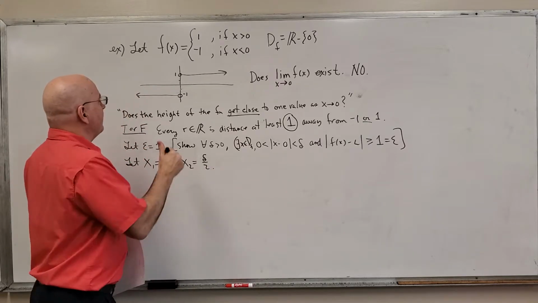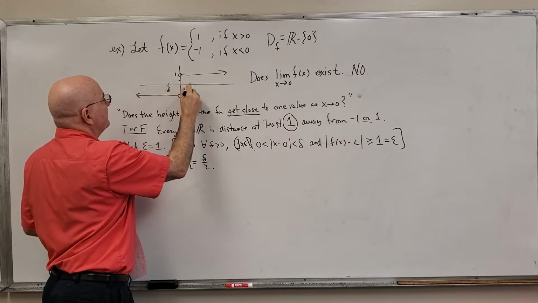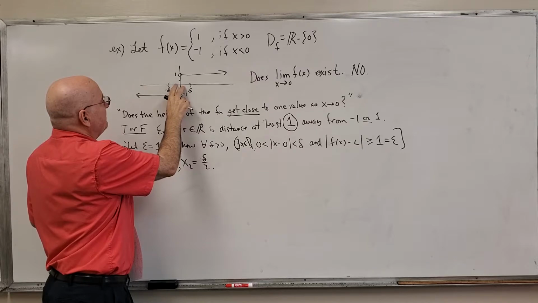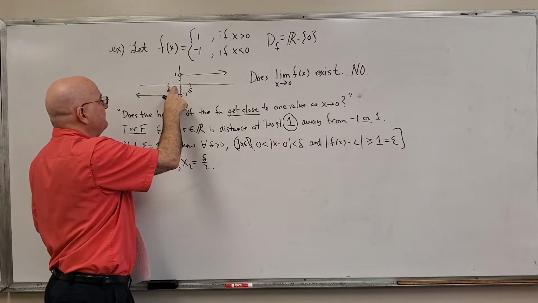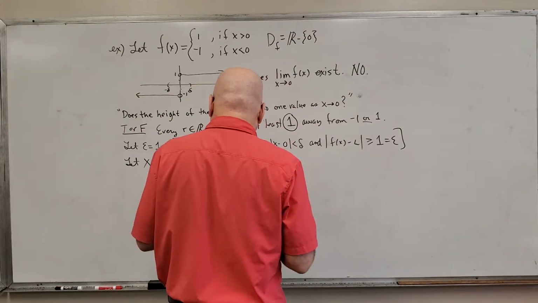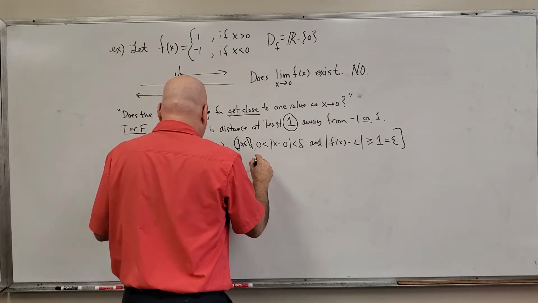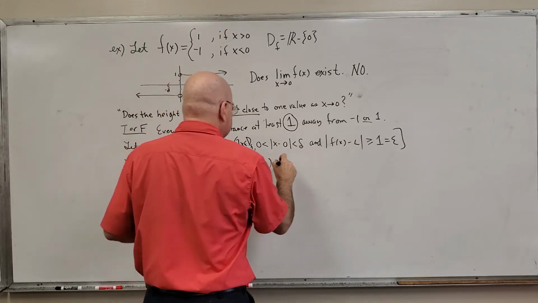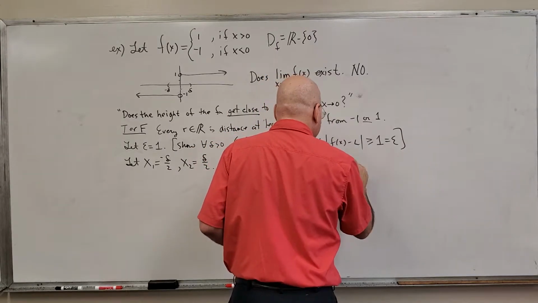And you can probably see why I'm doing this. That's negative delta, that's positive delta. If I pick a positive number x, f of x is 1. If I pick a negative number, f of x is negative 1. So we've got x1, we've got x2. f of x1 is negative, so that's going to be a negative 1. f of x2 is positive, so it's going to be a positive 1.